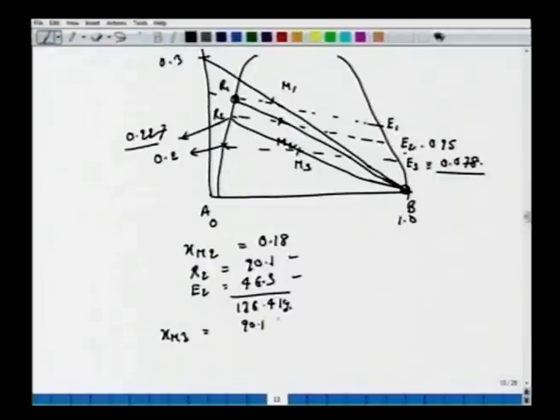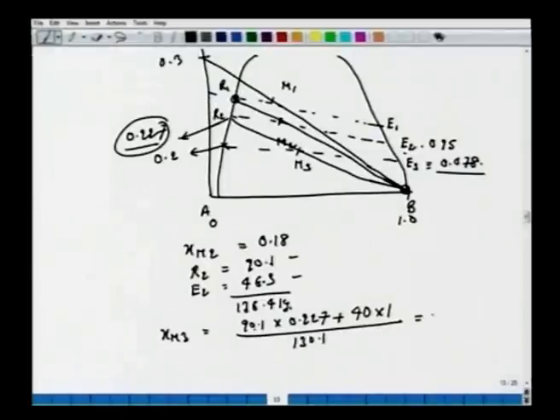Okay. In this case also you can note down the third stage, X_M3 will be equal to 90.1, that's what we had, into 0.227, so this is 0.227 here, plus we have a fresh amount of solvent 40 into 1, divided by 90.1 plus 40, 130.1. This will give us 0.1572.